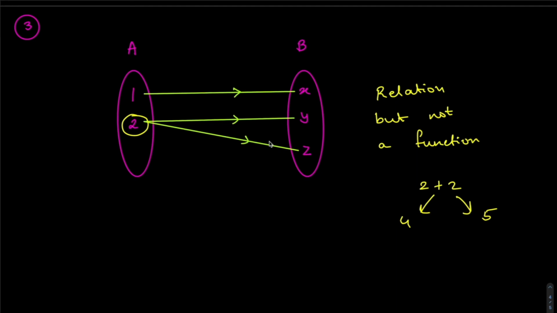You can't have that. This is why this is not a function. 1 corresponds to x, that's perfectly fine. But 2 corresponds to 2 outputs. One input corresponding to 2 outputs is not possible. This is why this is a relation but not a function.